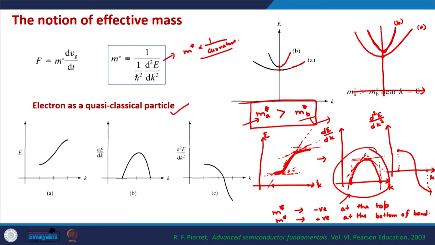So, this notion of negative mass is entirely new for us actually. In classical mechanics we cannot have negative mass for a particle, but in actual solids at the top of the band, when we apply a force, electrons behave as if they are having a negative mass.